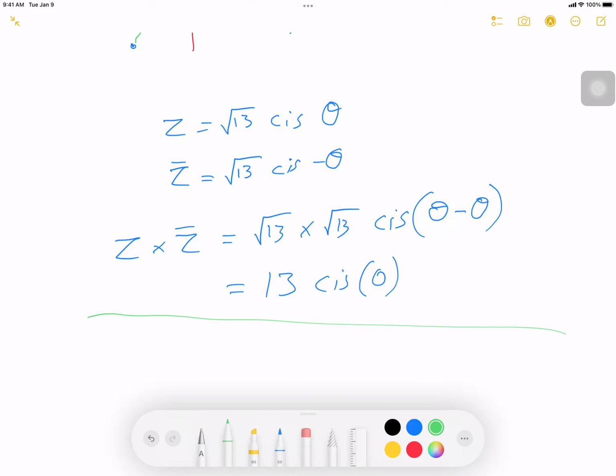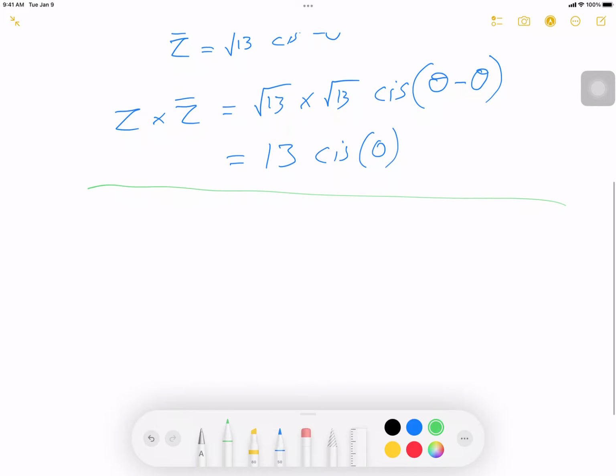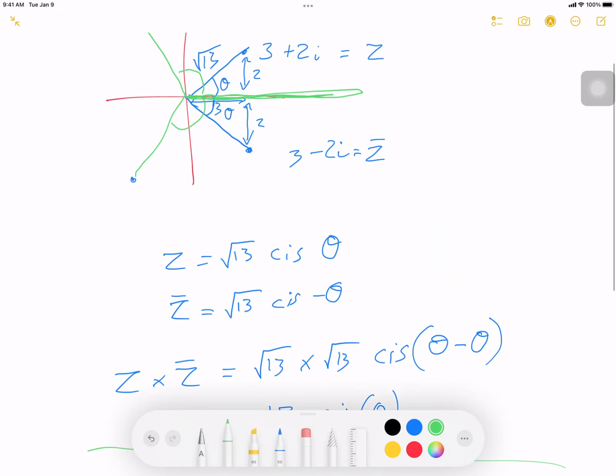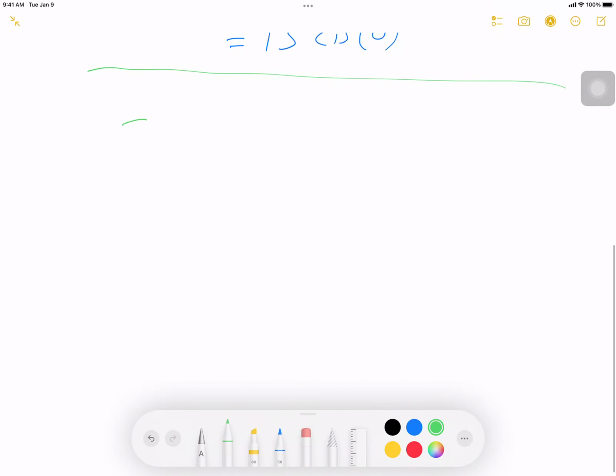Okay? So when we multiply conjugates, we'll always get a positive real number. We knew that from expanding as a FOIL. Remember doing this way back on video 1? It's really a lot easier to see why you will always get a positive real number, I think, when you look at it in polar form.